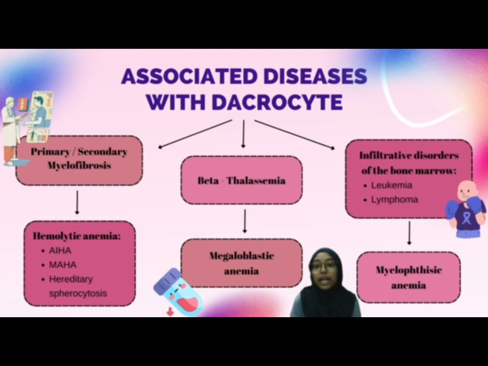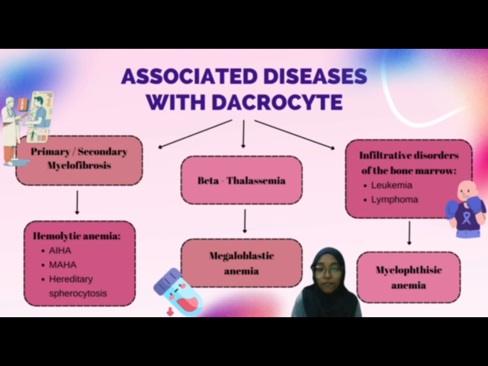It is caused by an abnormal buildup of fibrous tissue in the bone marrow, which reduces the marrow's capacity to release healthy blood cells into the bloodstream. This makes the erythroblasts undergo mechanical stress as they move through the bone marrow's fibrous network, which causes them to change into dacryocytes.